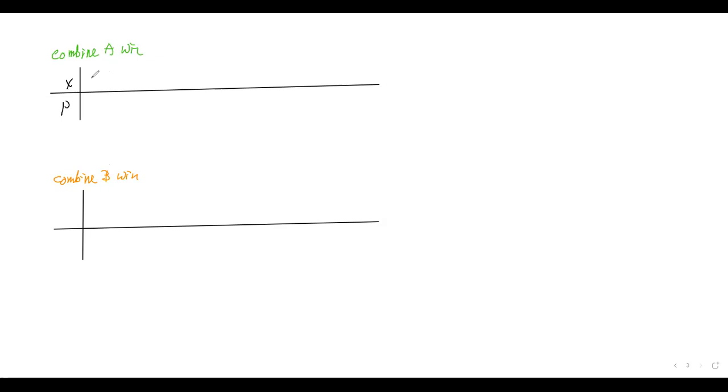So this is 2, 3, 4, 5, 6, 7, 8, 9, and so on. This one is the same thing. You have 2, 3, 4, 5, 6, 7, 8, 9, and so on. So this is p square, and this is p square 1 minus p.